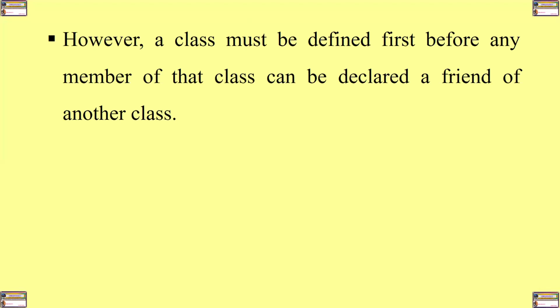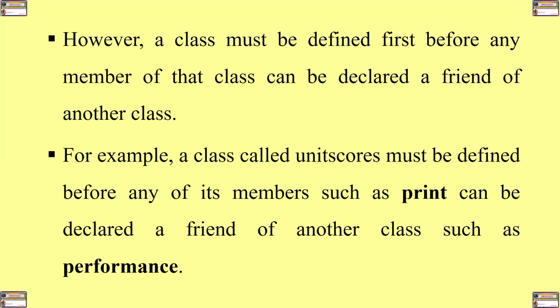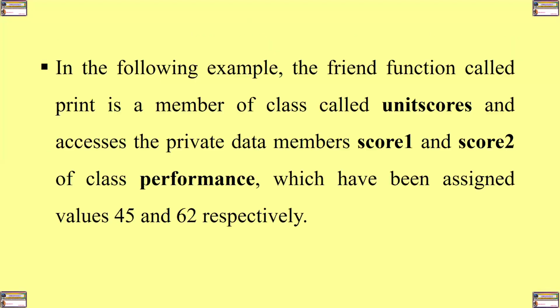However, a class must be defined first before any member of that class can be declared a friend of another class. For example, a class called unit scores must be defined before any of its members, such as print, can be declared a friend of another class, like the class called performance.